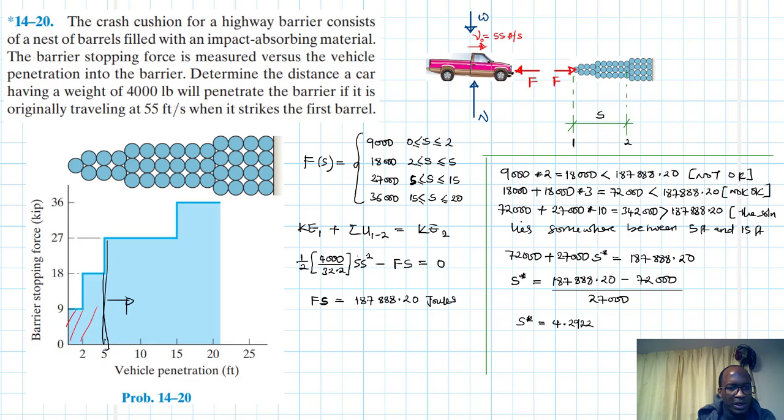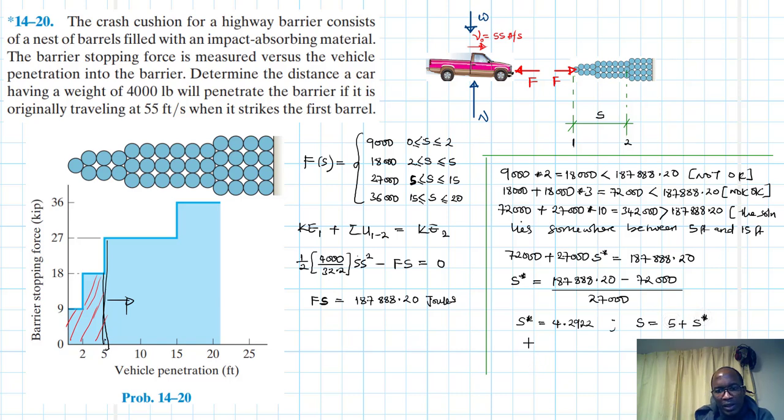Work has already been done here. So we just want to find an additional amount of energy that will allow us to equilibrate with this 187,888.20. And therefore, the total deformation itself, S, is just equal to 5 plus S star.